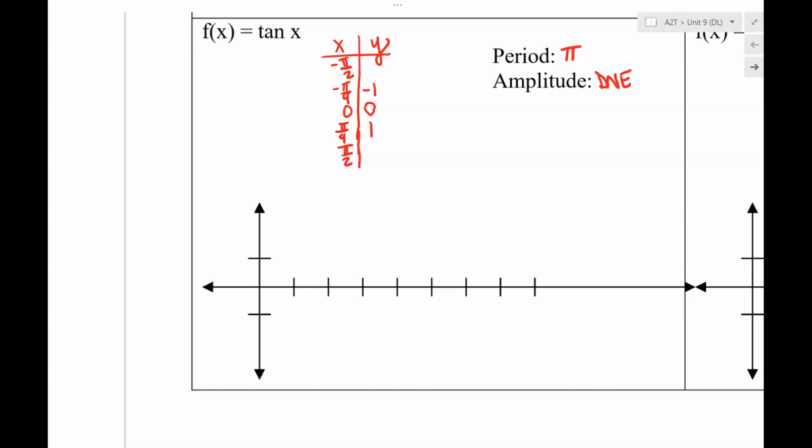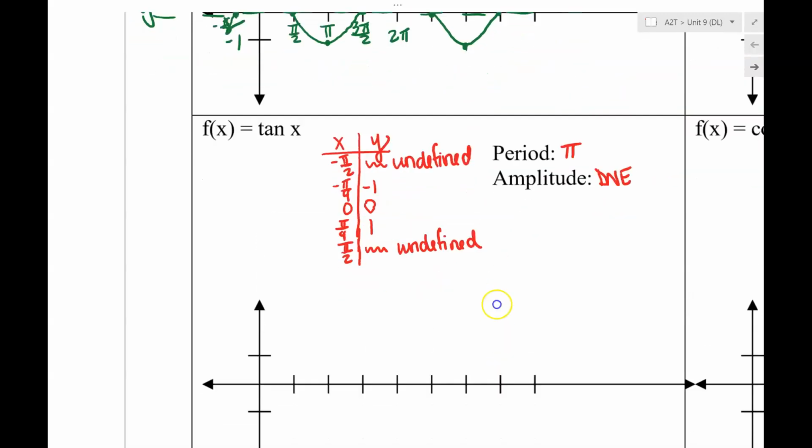What do we do if it's undefined? Yes, it is an asymptote. It is an undefined vertical asymptote. How exciting is that? So at negative pi over 2, we are down on the bottom of the y-axis, so it is negative 1 over 0, which again becomes undefined. We have a vertical asymptote.